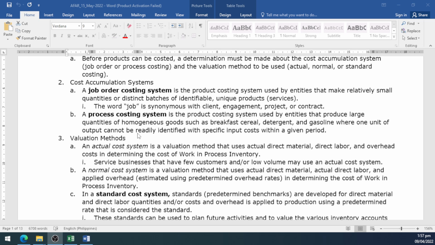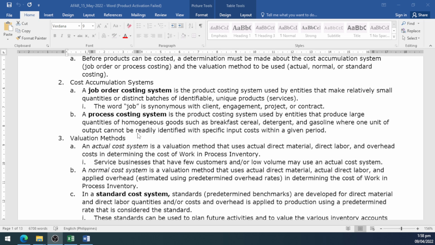Sa process costing naman, ito ay ginagamit doon sa costing ng products which are mass-produced on a repetitive and continuous process. The products here are homogeneous in nature.